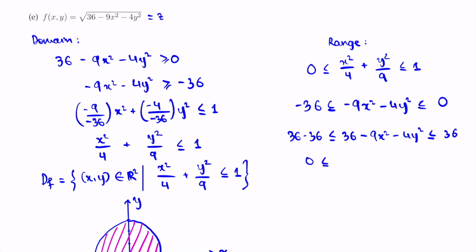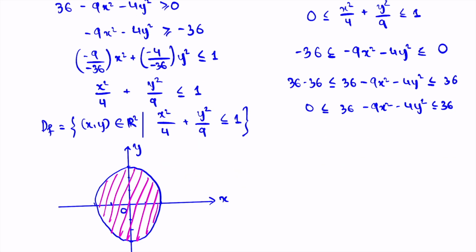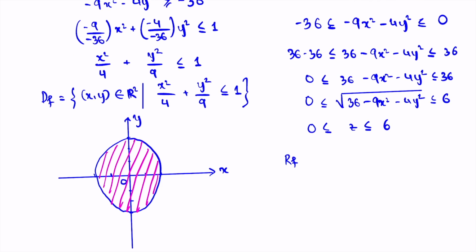Or I get 0 less than or equal to 36 minus 9x squared minus 4y squared less than or equal to 36. Now I'm going to take the square root of this middle term, and I get 0 less than or equal to square root of 36 minus 9x squared minus 4y squared less than or equal to 6. And that is z between 0 and 6. So that is the range of the function.